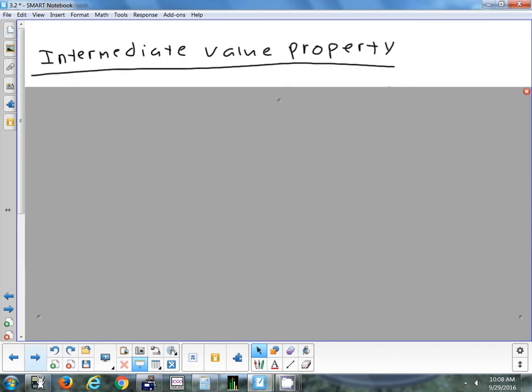All right, so let me give you an example first. Let's say I have water at room temperature, like 70 degrees, okay, and I'm going to boil it. So boiling is 212. When I boil water from 70 to 212, what temperatures is the water going to go through as it goes from 70 to 212?